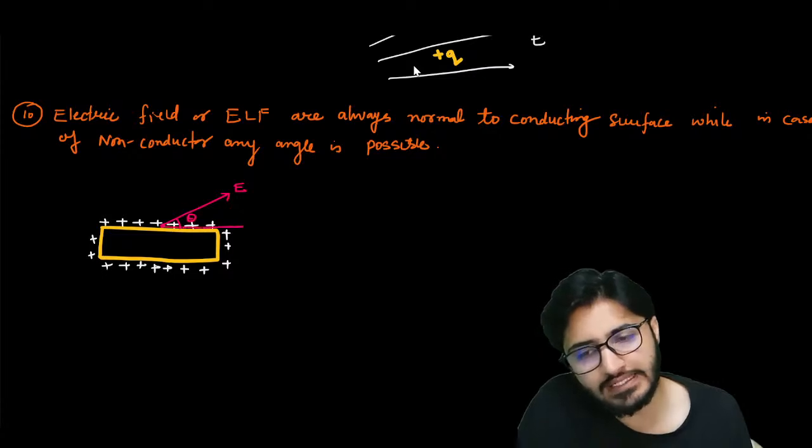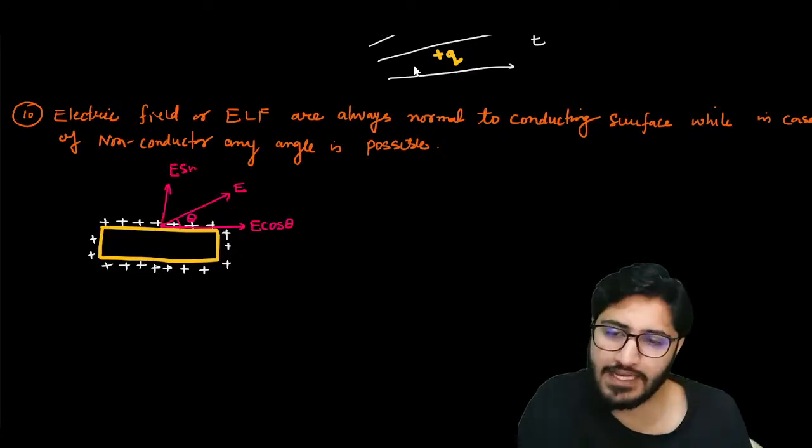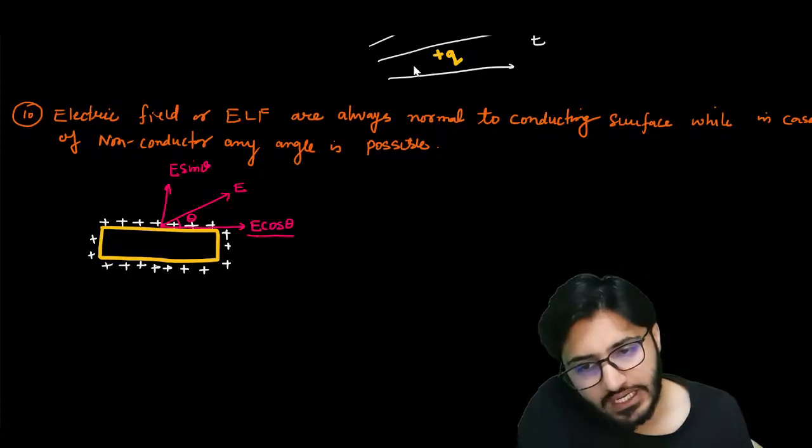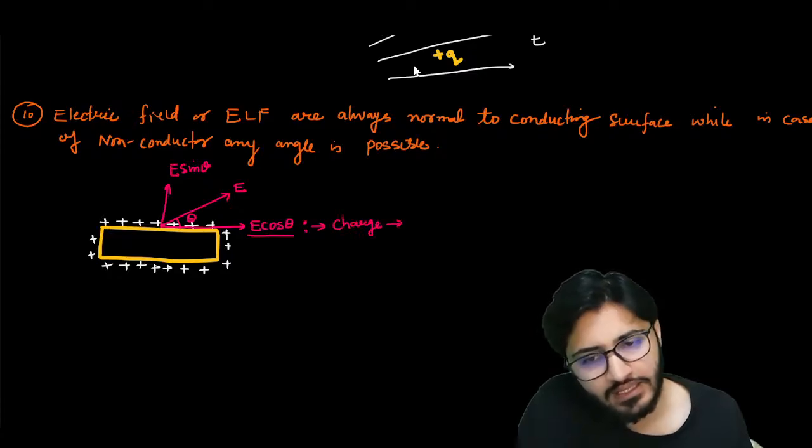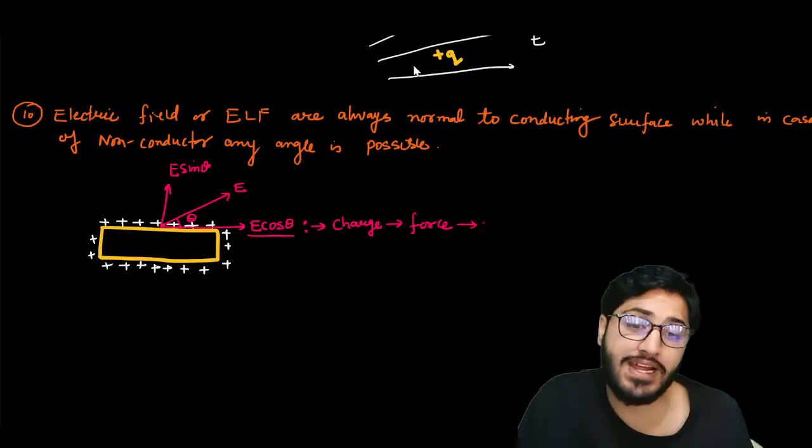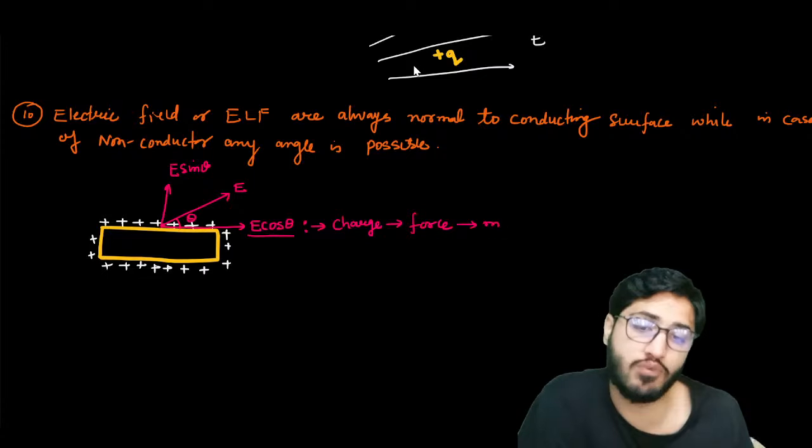So I can break down the electric field into two components. One is E cos theta, one is E sin theta. Now, due to this E cos theta, my charged particles will feel a force, due to which the charged particles which were at rest will be in motion now.